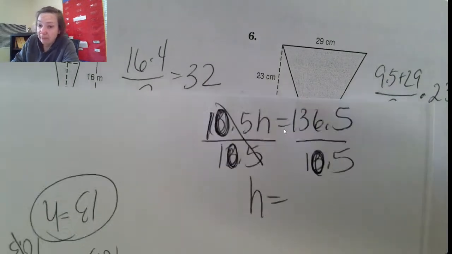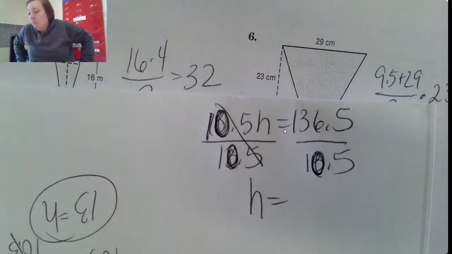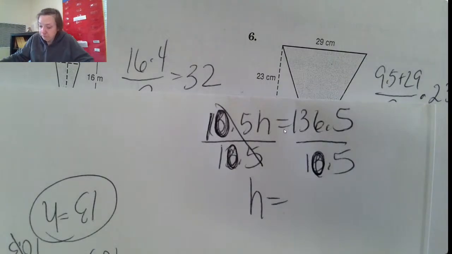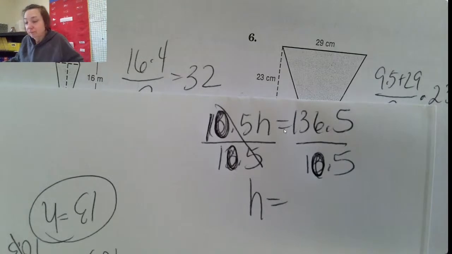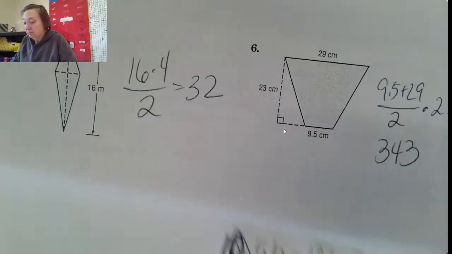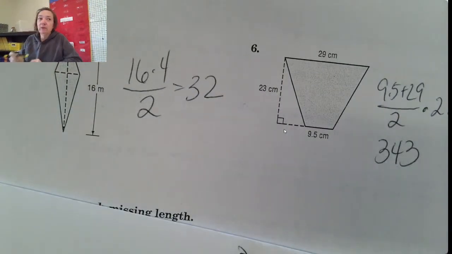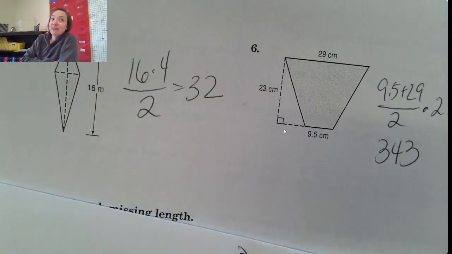So that should be 10.5? Alright, so let's double check that. I think you're plugging something in wrong. 6 plus 15 is 21. 21 divided by 2. Listen to me.